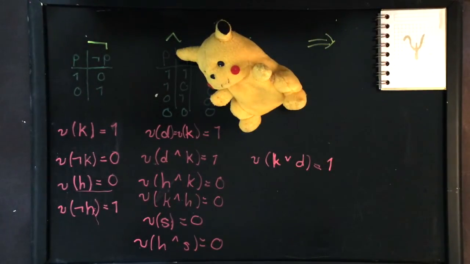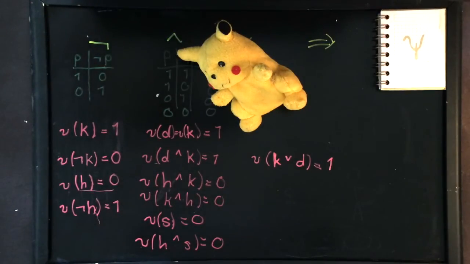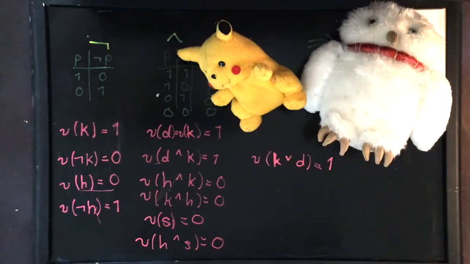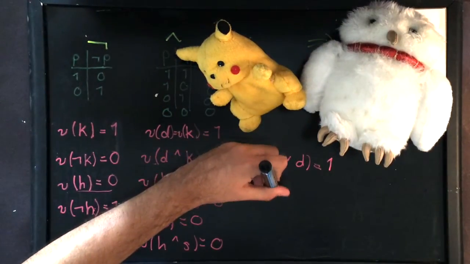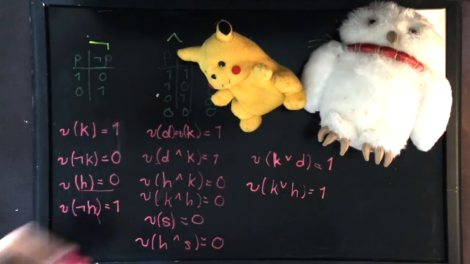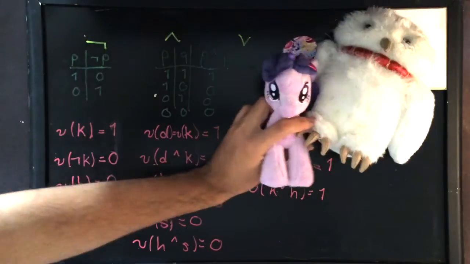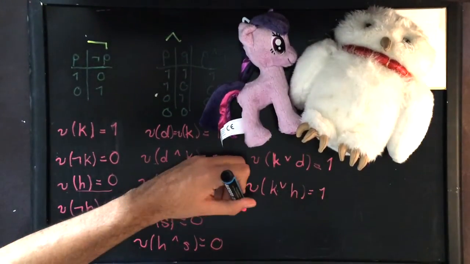For example, K or H, interpreted as Pikachu is a Pokemon or Hedwig is a Pokemon. Well, 1 out of 2 has value 1, and that should be enough for us to assign the value true to the whole disjunction.